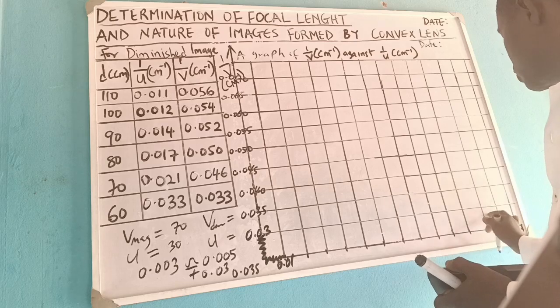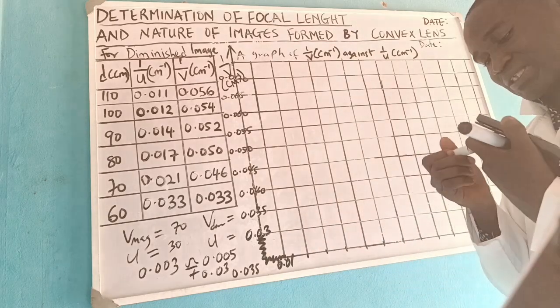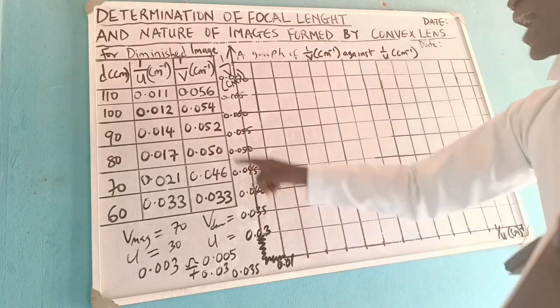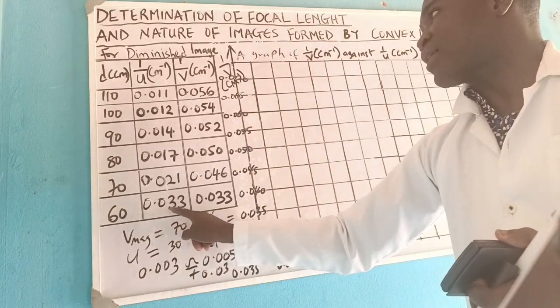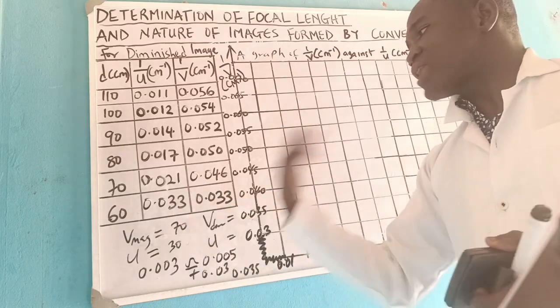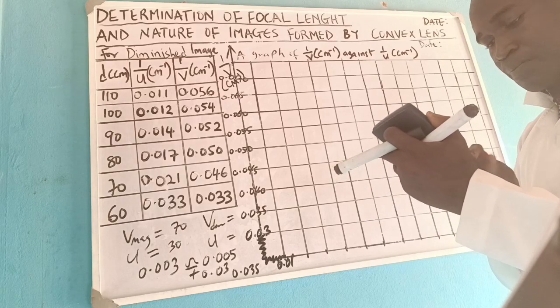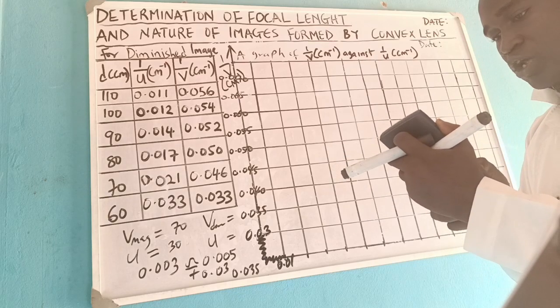You come to this side. We have 1, 2, 3, 4, 5, 6, 7, 8, 9, 10, 11, 12, 13 buses. 13 buses. And the highest is about 0.03. That is the highest. We take it to what? I mean rounded figure, 0.04. Okay? 0.04 minus 0.01.